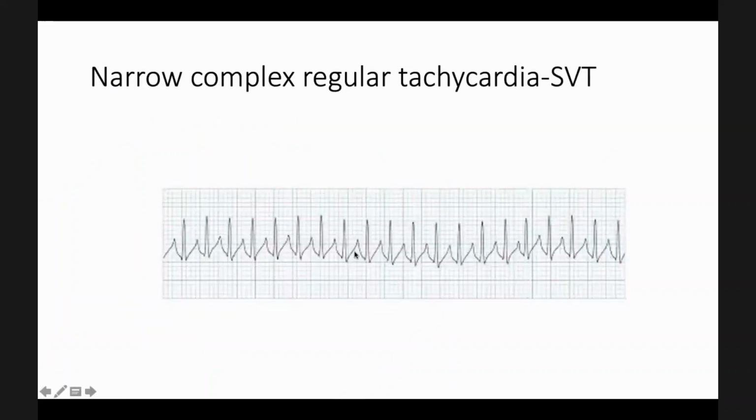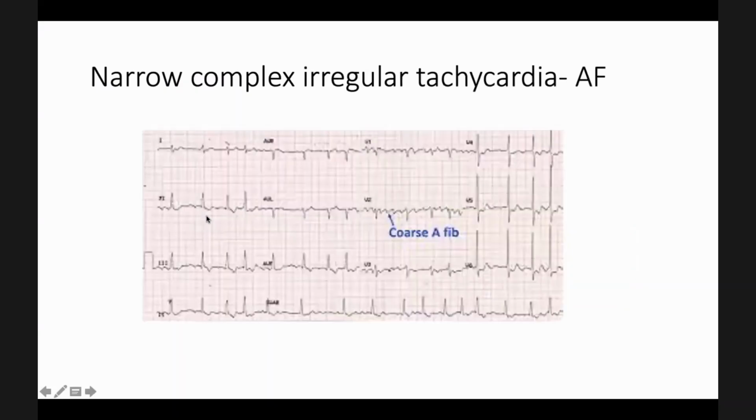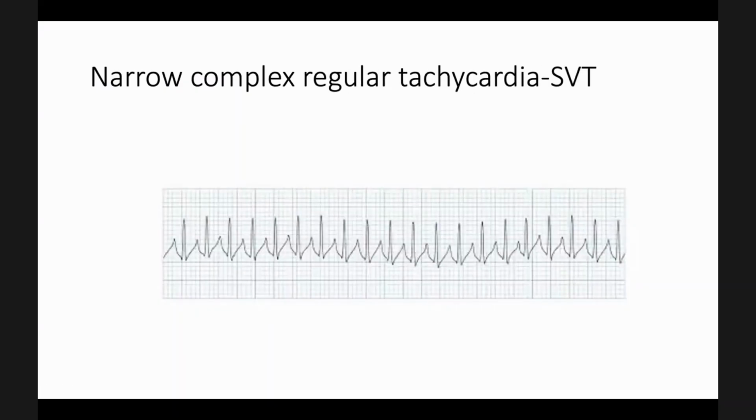So this is the SVT, narrow complex regular tachycardia. Regular means the RR interval is regular. If you are not sure, you can take a piece of paper and see whether each R is falling in a regular pattern. And usually the P waves you don't see.